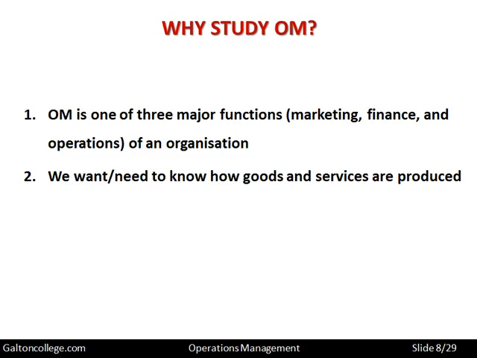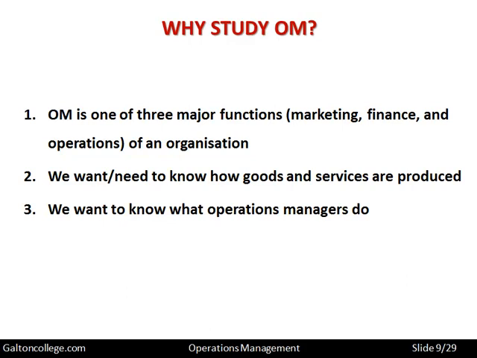What we need to know is how goods and services are produced. We want to know what operations managers do. So we have a series of questions that need to be addressed. We know that operations management is a costly part of an organization.